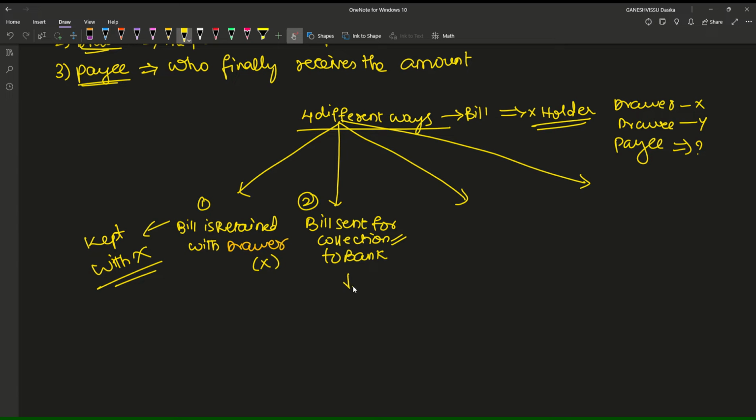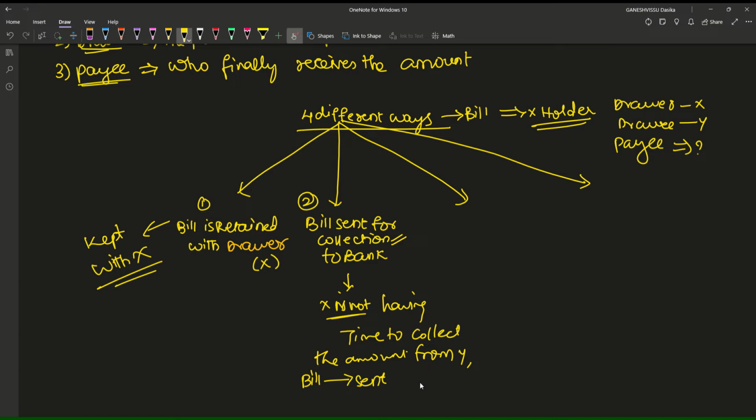That means if X is not having time to collect the amount from Y, then the bill would be sent to the bank for collection of that amount.